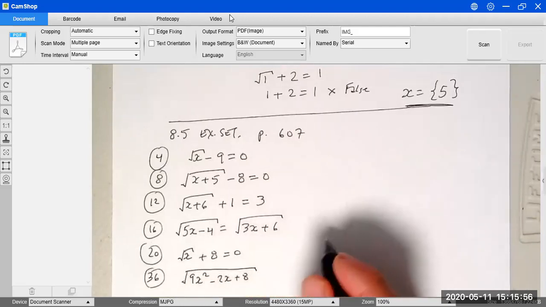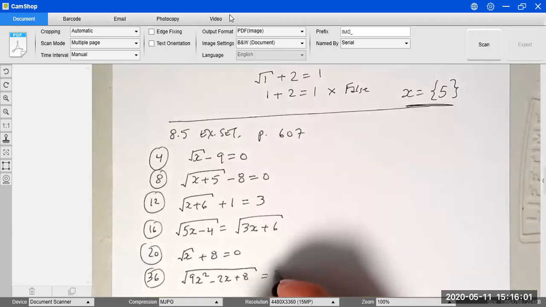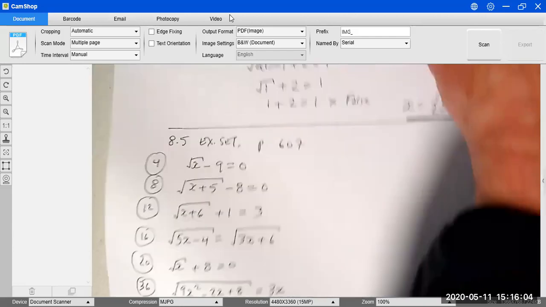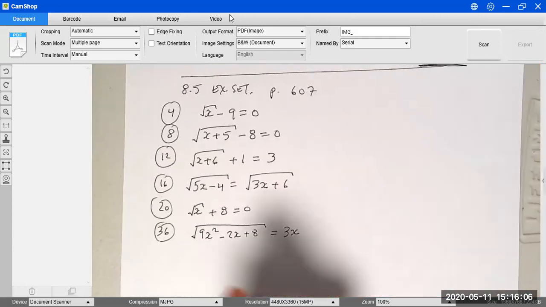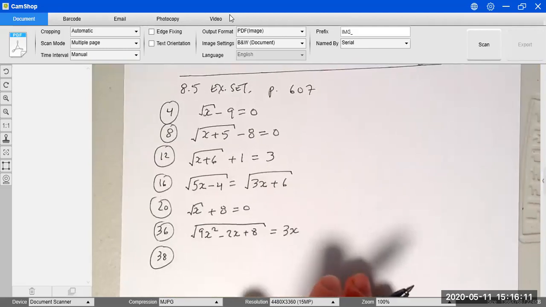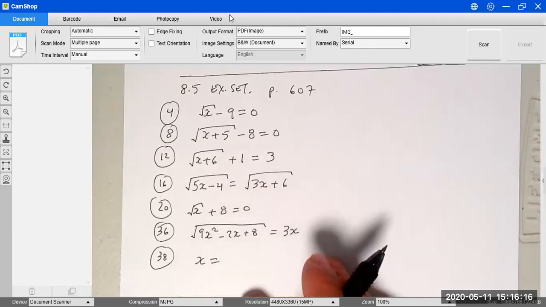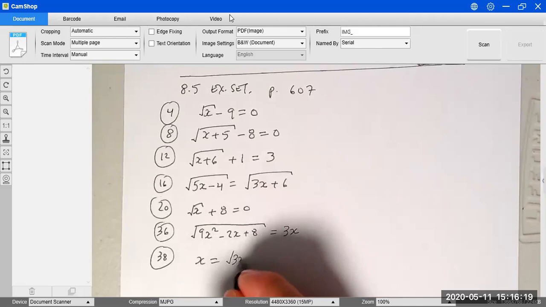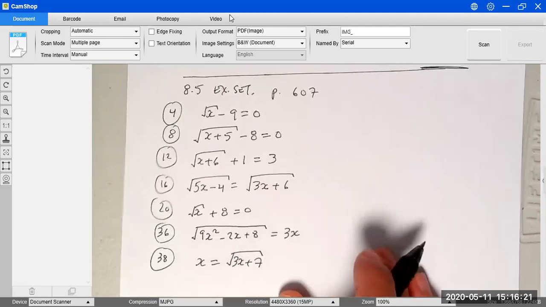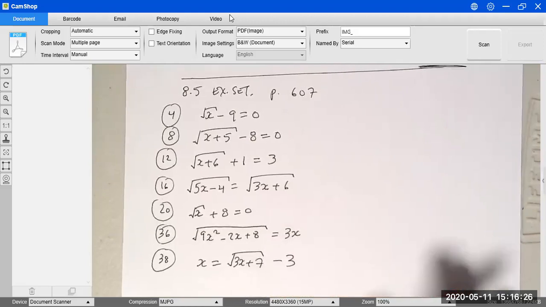This is a trinomial under the radical sign, equals 3x. And the last problem is going to be problem 38, and is x equals the square root of 3x plus 7 minus 3. So work on these problems, and with that we're going to finish this chapter.